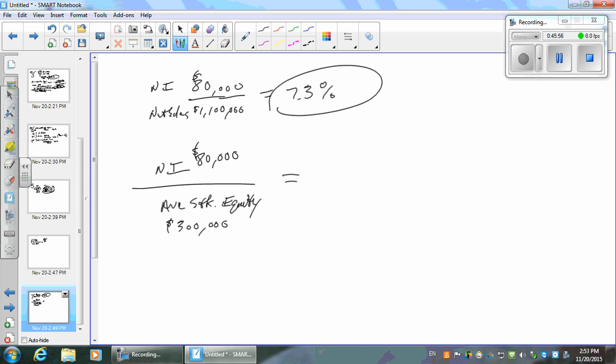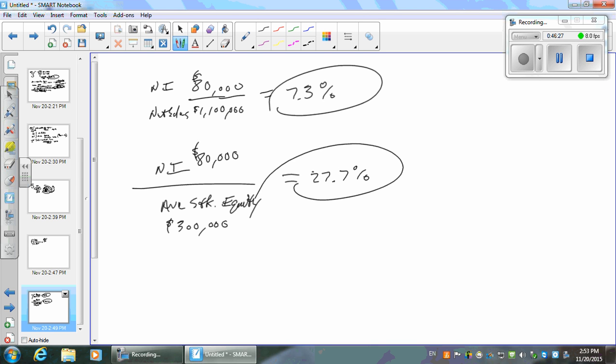What was that one? 80 divided by 300 is 27.7%.